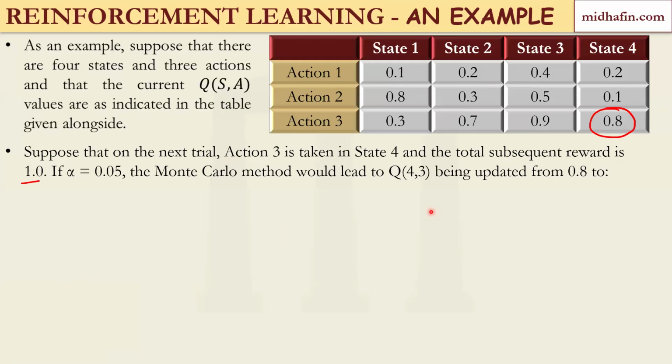The final reward cannot be known in advance. It has to be known after the episode or the game ends. So you do the adjustment after the episode. What is the adjustment? This is the formula and this is the adjustment.